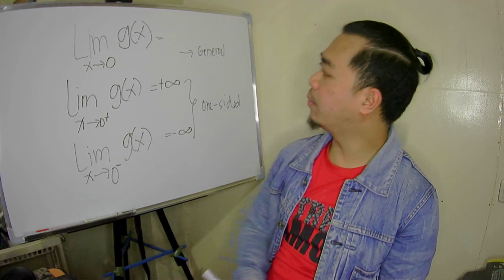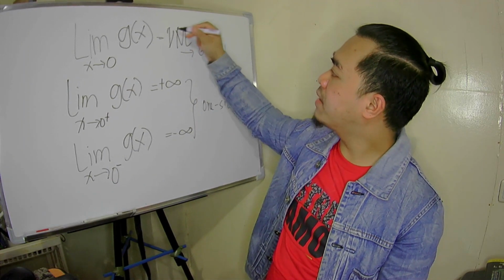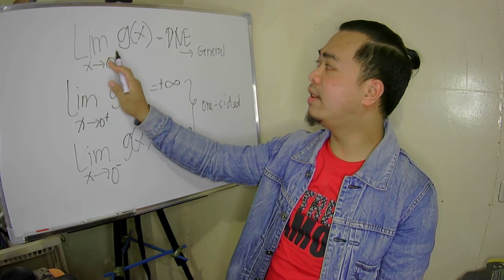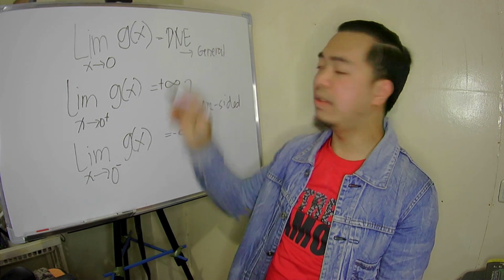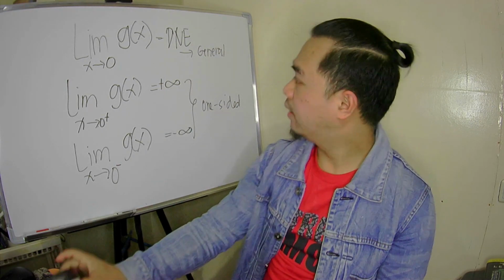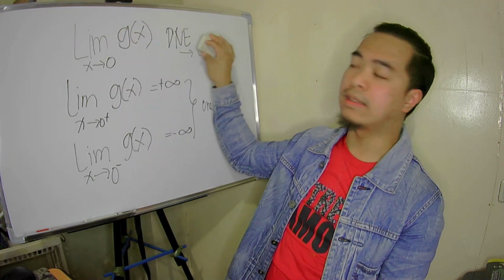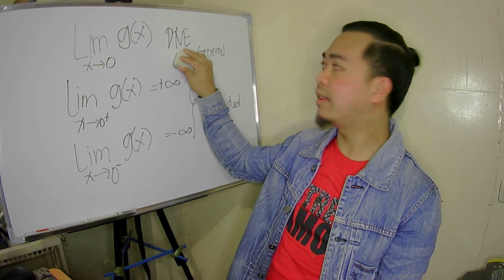Kung lagyan mo yan ng equal sign, tas sabihin mo DNE, at kapag binasa natin yan ng buo, the limit of g of x as x approaches 0 is equal to does not exist. So it doesn't make sense. So we remove the equal sign and that's it. We just read it as is. The limit of g of x as x approaches 0 does not exist.